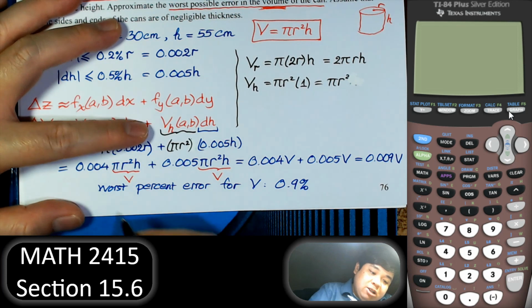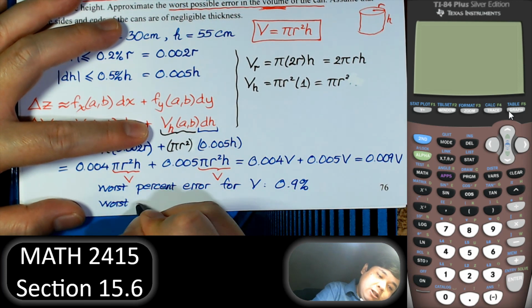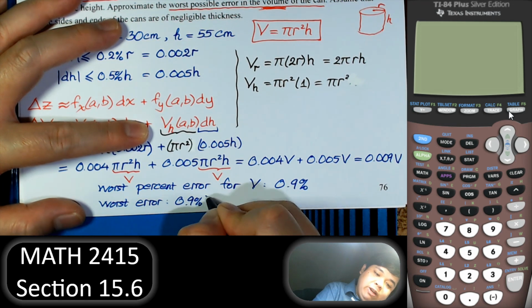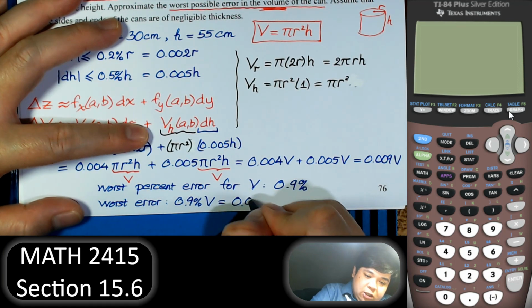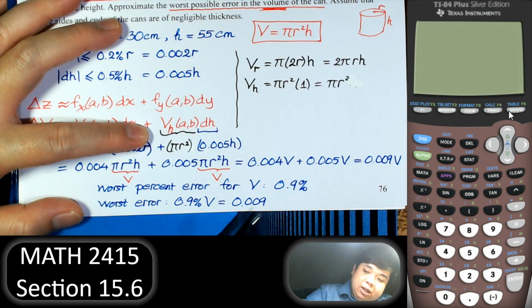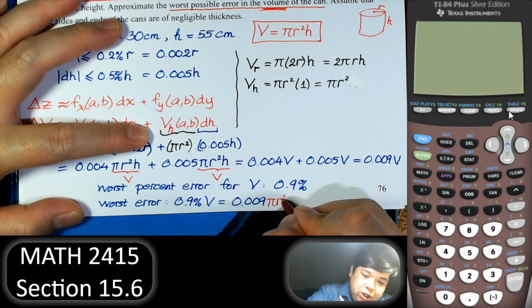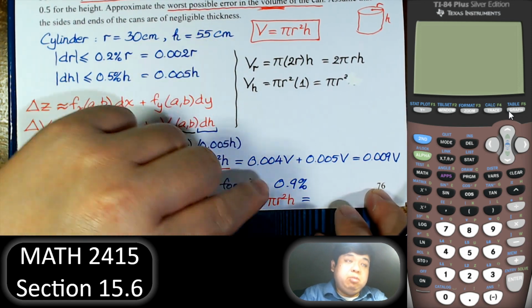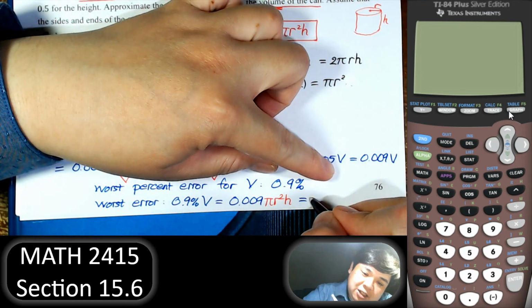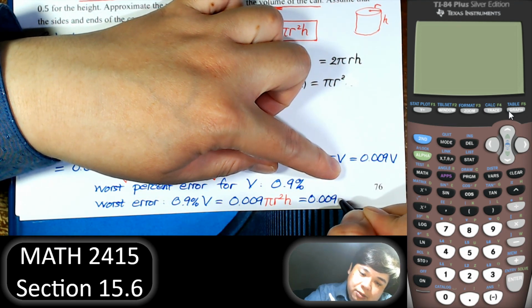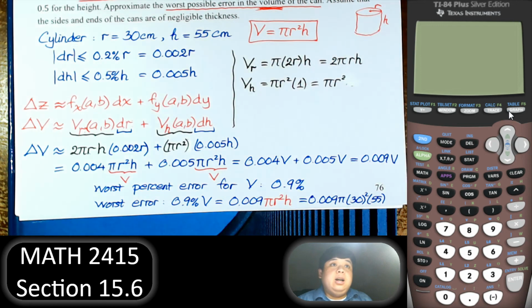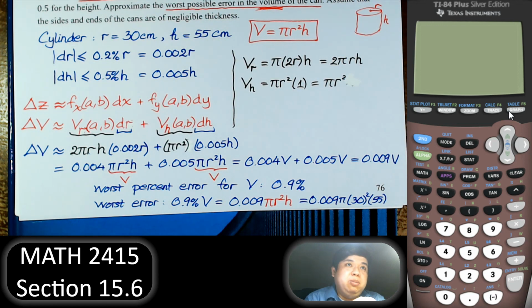And if we want the worst error, it is 0.9% of V, or 0.009 V, and V is pi r squared h, and r is 30 and h is 55, so we actually can calculate. And the unit will be cc, because centimeter cubed. We'll just calculate that.